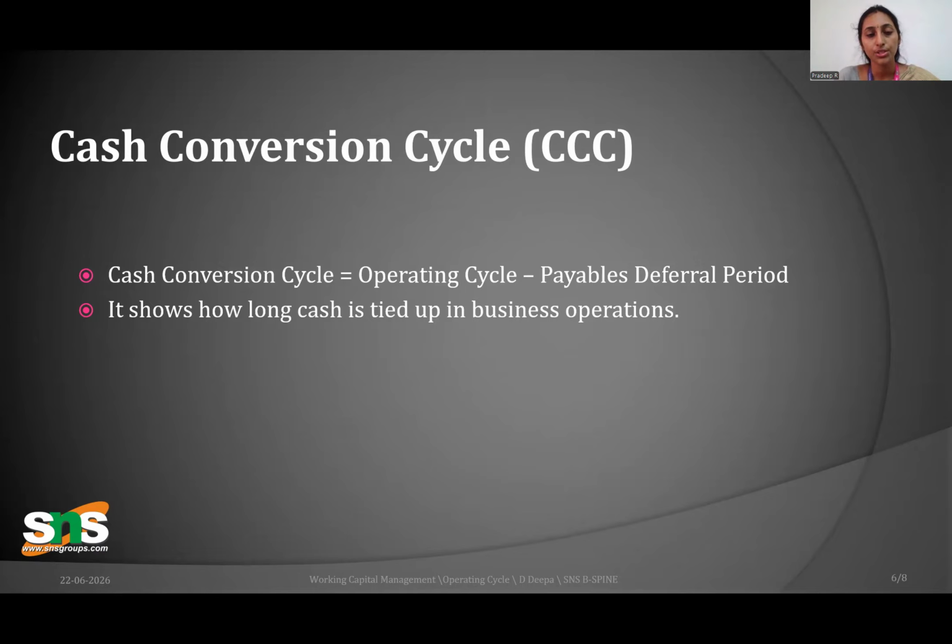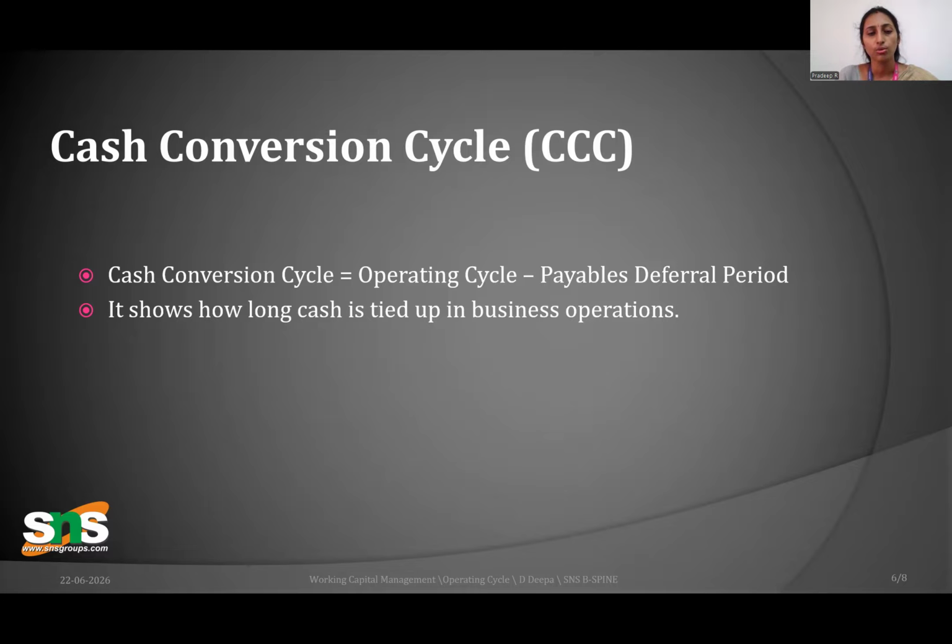This cash conversion cycle starts from cash, right? You purchase your raw materials by paying cash to the suppliers, so it starts from cash and it also ends with cash, when you receive cash from the customers.